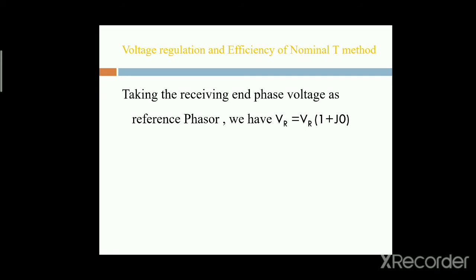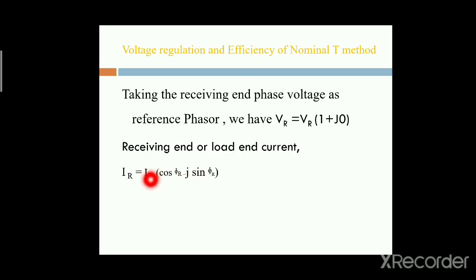Next, coming to the derivation for the voltage regulation and efficiency of the given method. Taking VR as a reference phasor voltage, VR is equal to VR into 1 plus j0, and the load current at the receiving end, IR, is equal to IR into cos phi r minus j sin phi r.